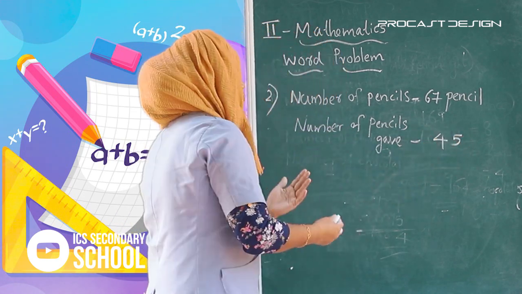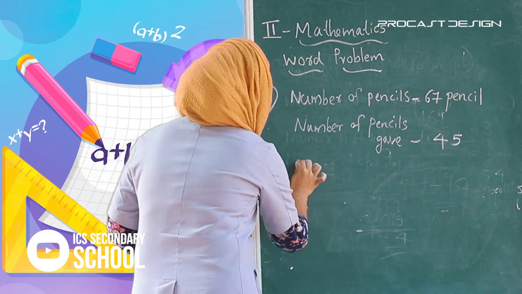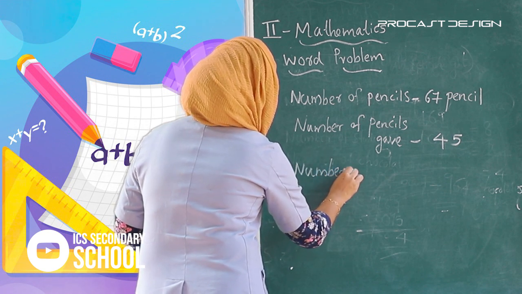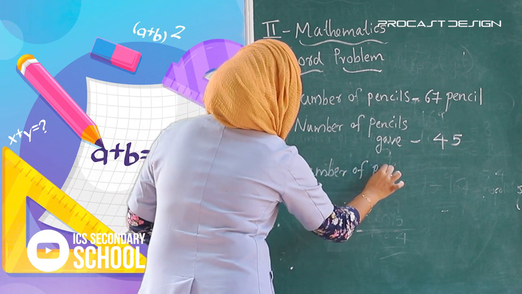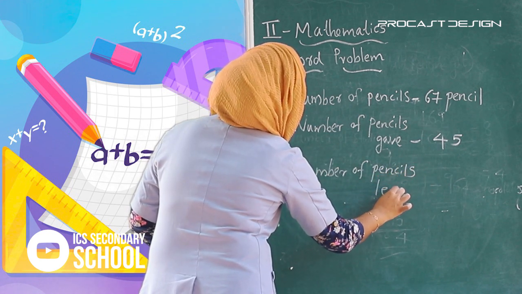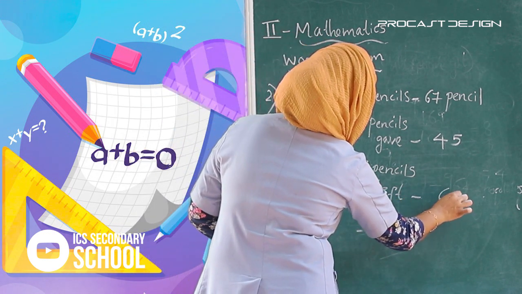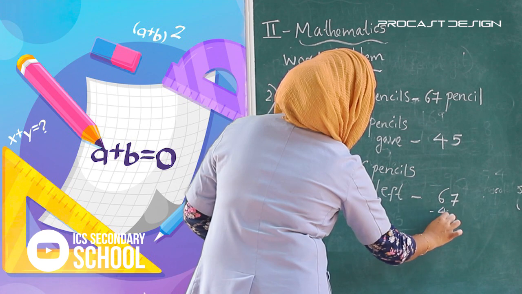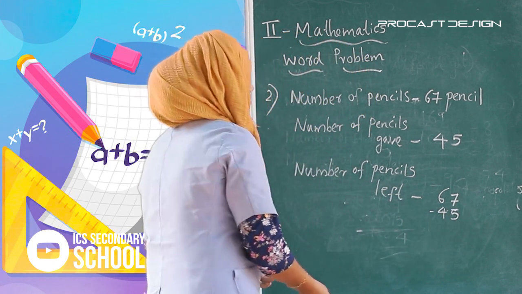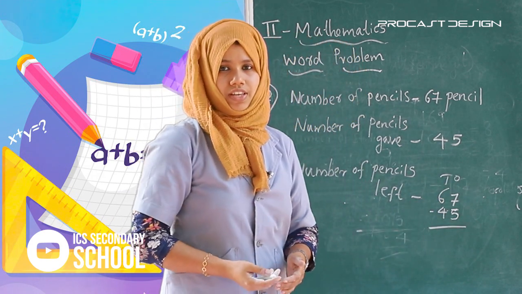So what will we have to find out? Number of pencils left. So we have to solve 67 minus 45. 7 minus 5 is?